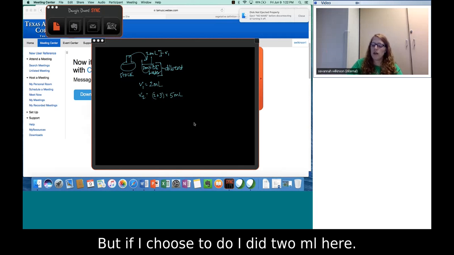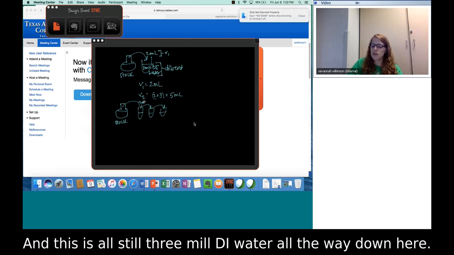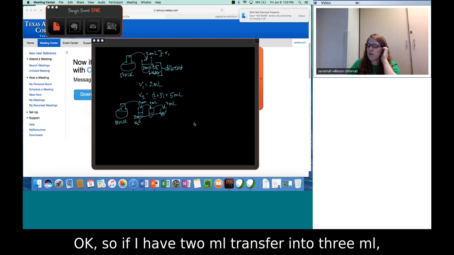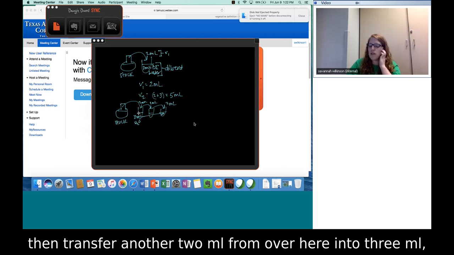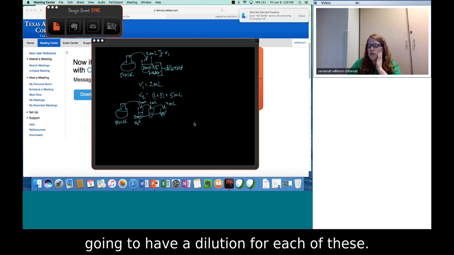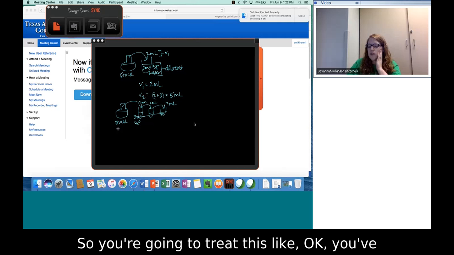Okay, but if I chose to do 2 mils here, and this is all still 3 mil DI water all the way down here. So if I had 2 mils transferred into 3 mils, then transfer another 2 mils from over here into 3 mils, you know what I mean? Then you're going to have a dilution for each of these.